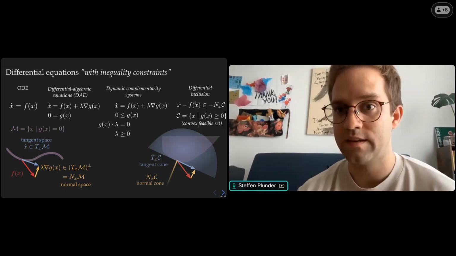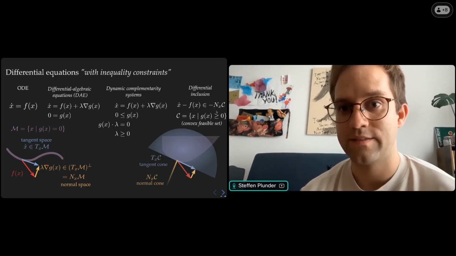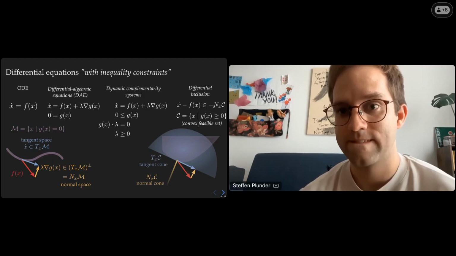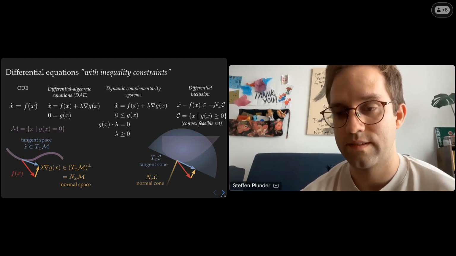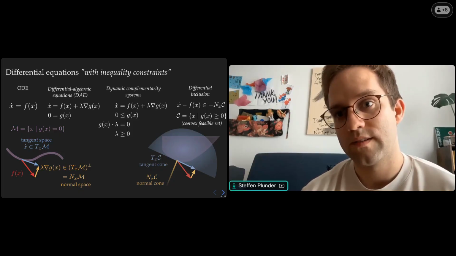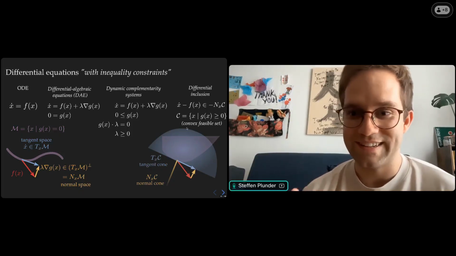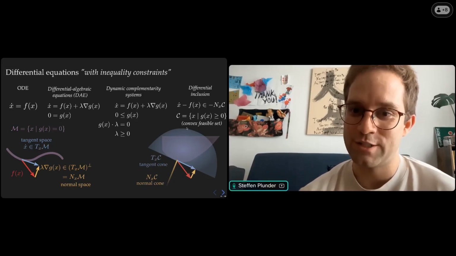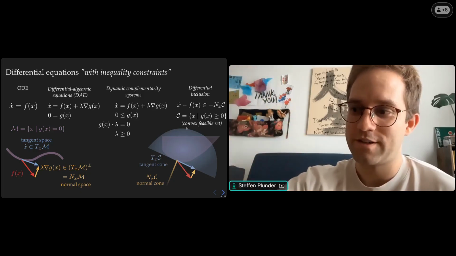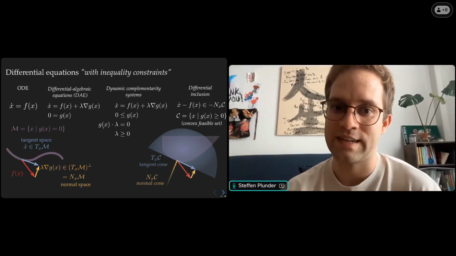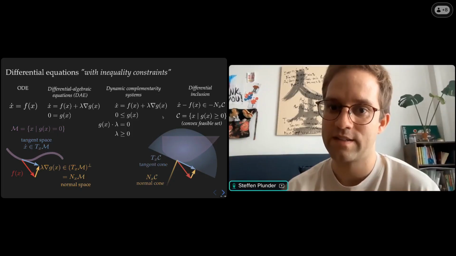And interestingly, there was a question: why is your cone C convex? Or do you assume C is convex? Yes, normally you would want to assume this. Fine, with C convex, everything is equivalent.